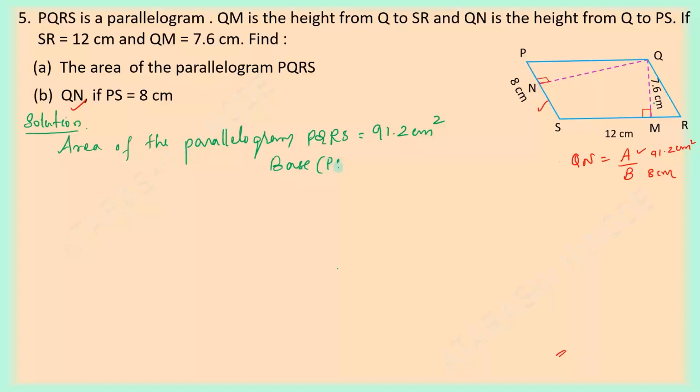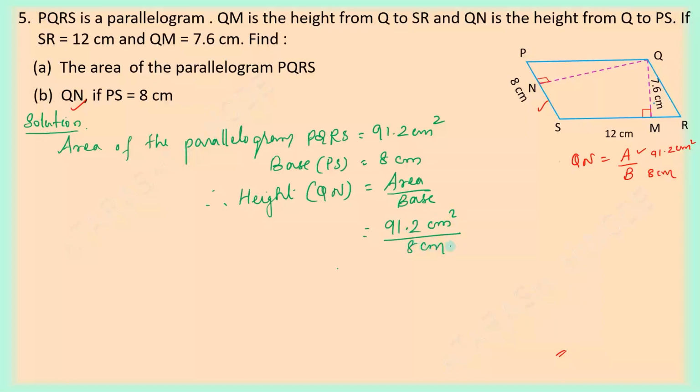Base, that is PS, equal to 8 centimeter. Therefore, height, that is QN, equal to area divided by base, that is equal to 91.2 centimeter square divided by 8 centimeter.